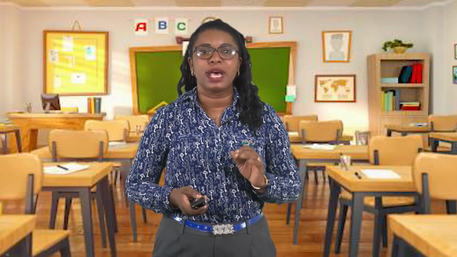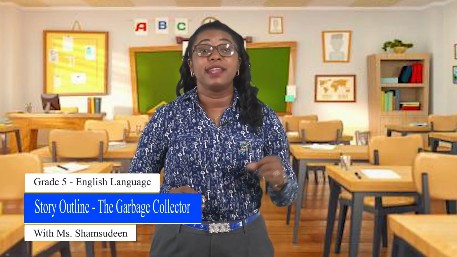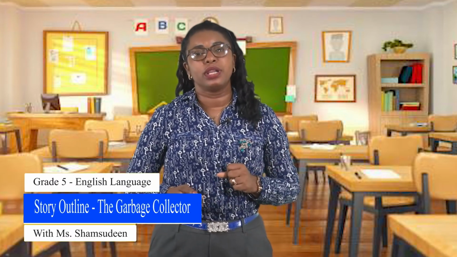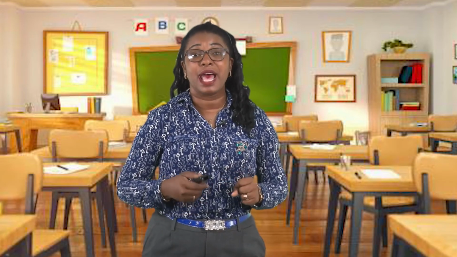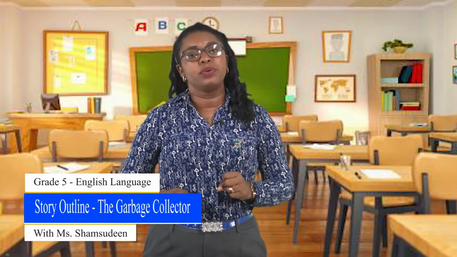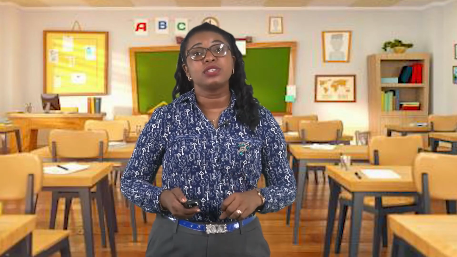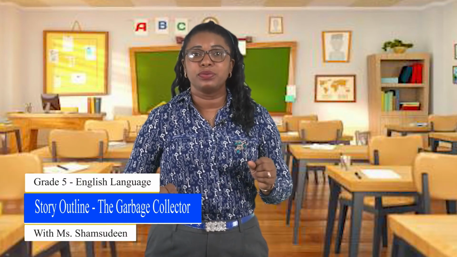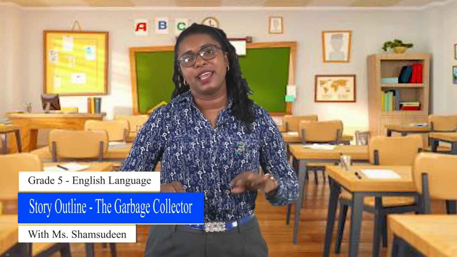We were able to identify the setting. We were able to identify the characters. We were able to figure out some of the high points or the climax, the conflict. We were able to also find the solution to the conflict of the story. And we were able to identify the ending of the story.